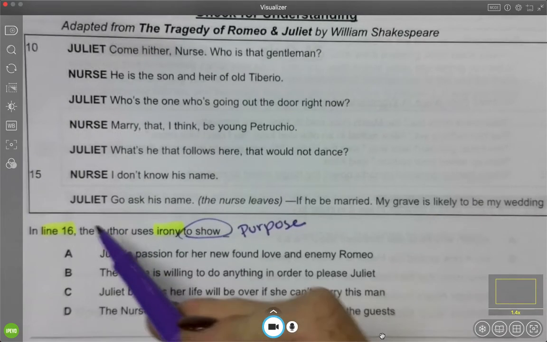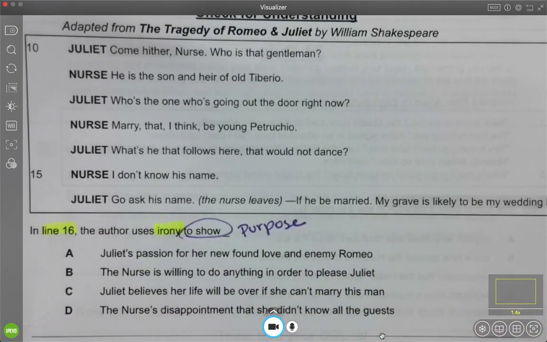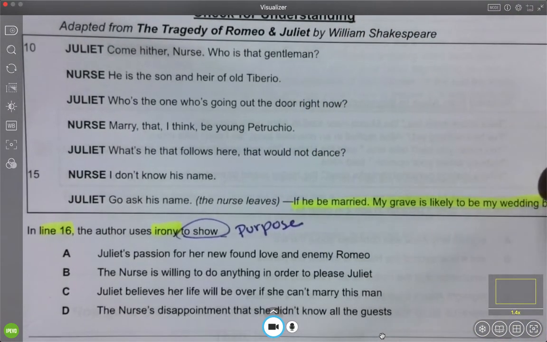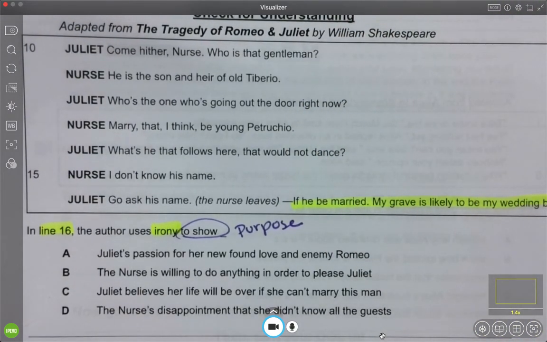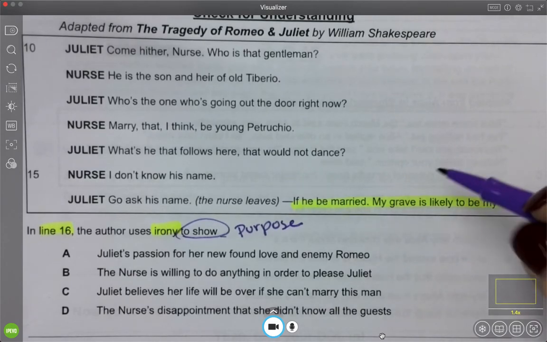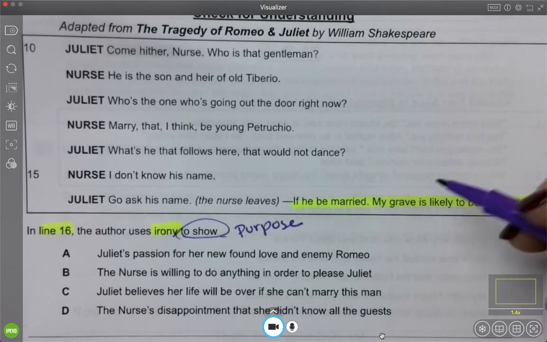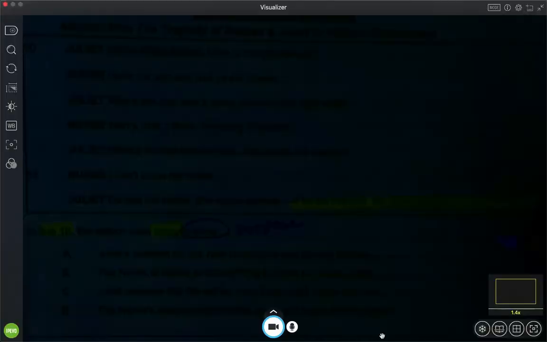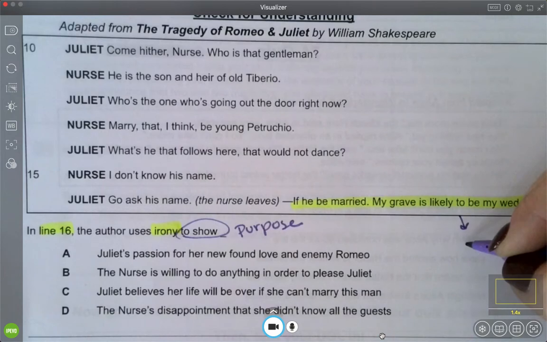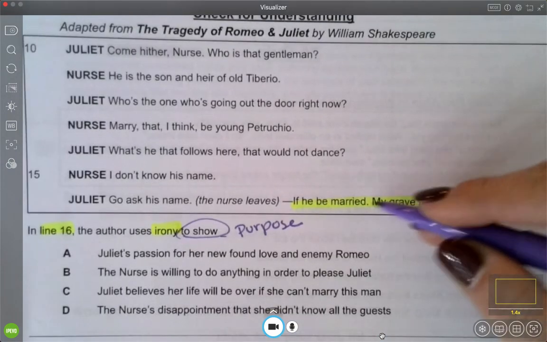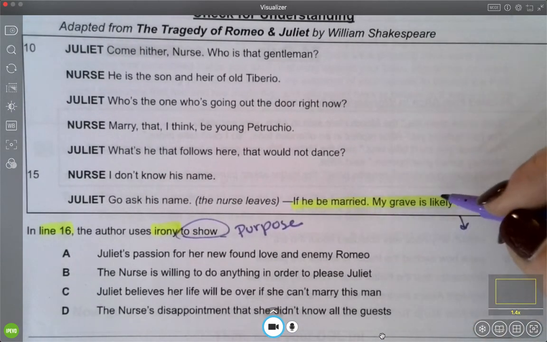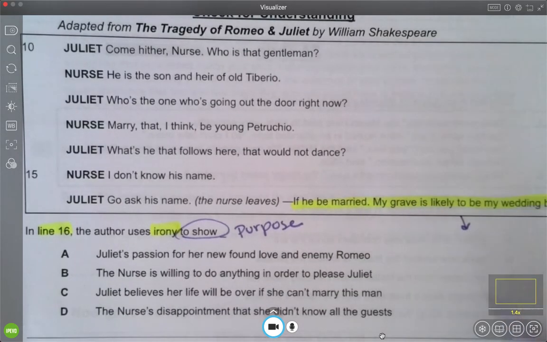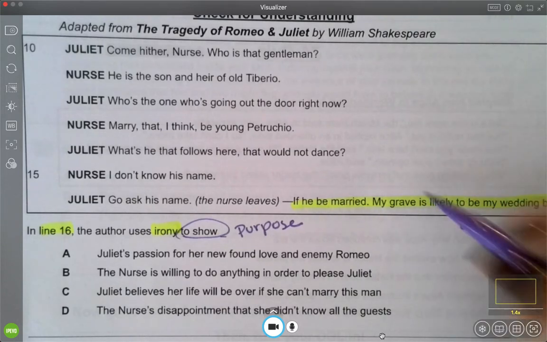In line 16, you can see, "if he be married, my grave is likely to be my wedding bed." We know that she's talking about Romeo. And this is ironic because typically when you get married, you feel like your life is just beginning, not like your life is ending, which would equal grave.